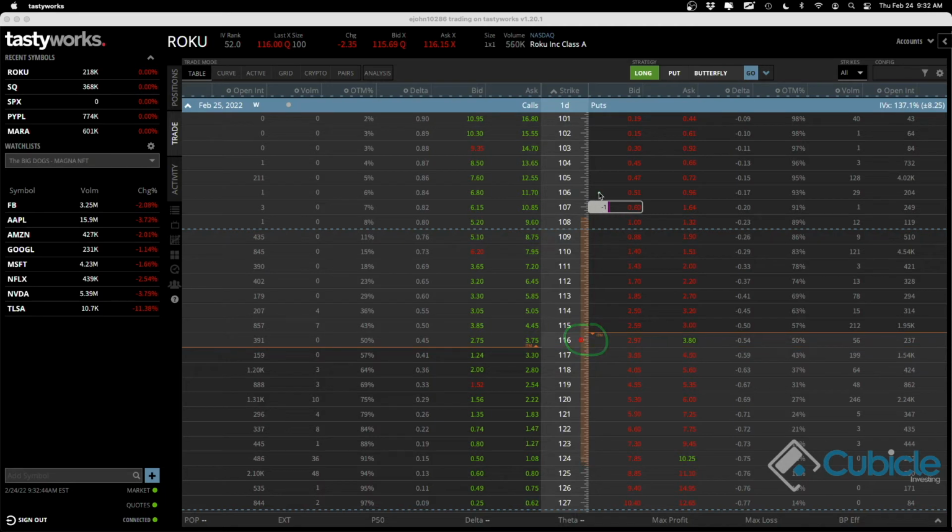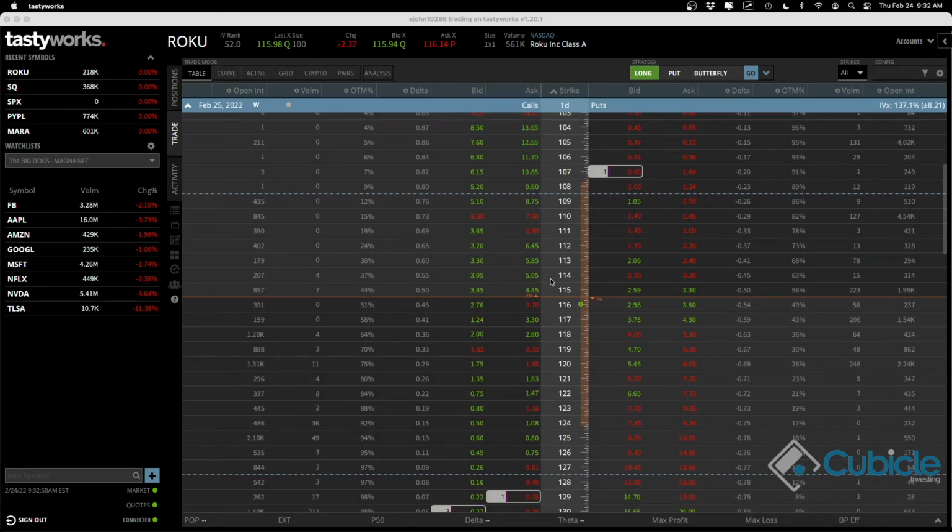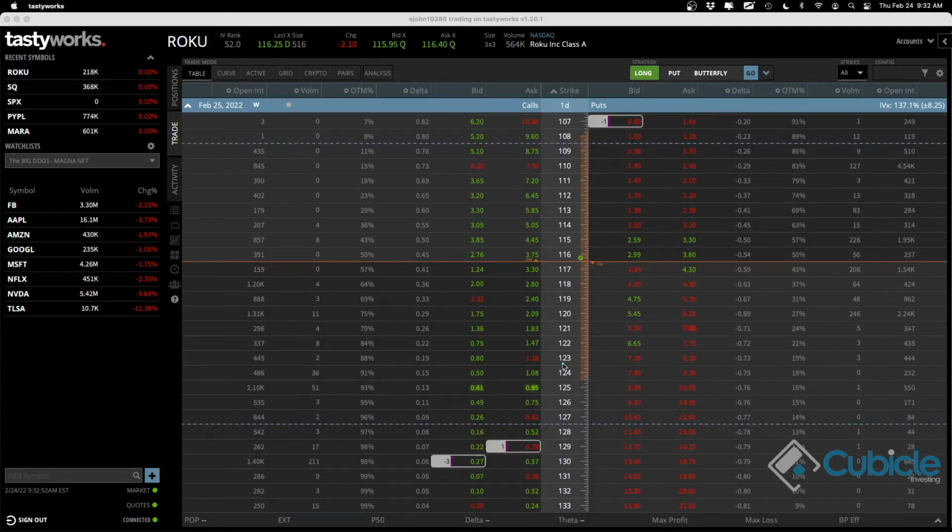As you can see, it's still above my put option with the strike price of 107, and it's well below my ratio spread, where I sold 3 call options at the strike price of 130, and I bought a call option at the strike price of 129.